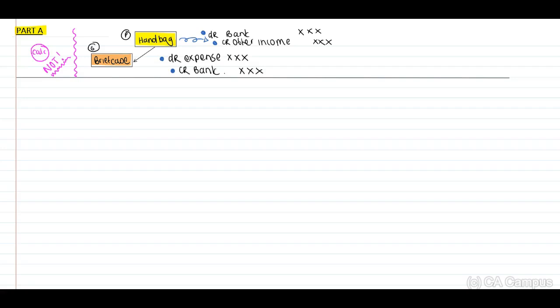Therefore, in our group, the bank account will not have an effect, as this will be eliminated, guys. This will have a zero effect. But we need to eliminate and include our elimination journal entry in terms of these two line items, other income and operating expenses. Therefore, our journal will be to debit our management fee received.